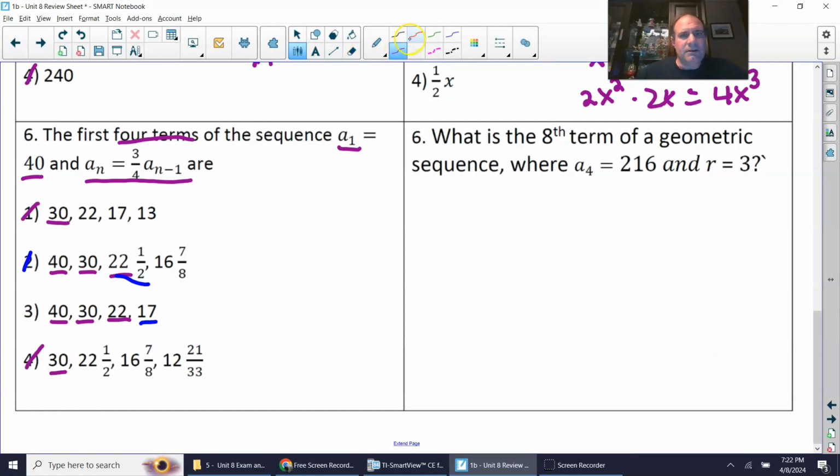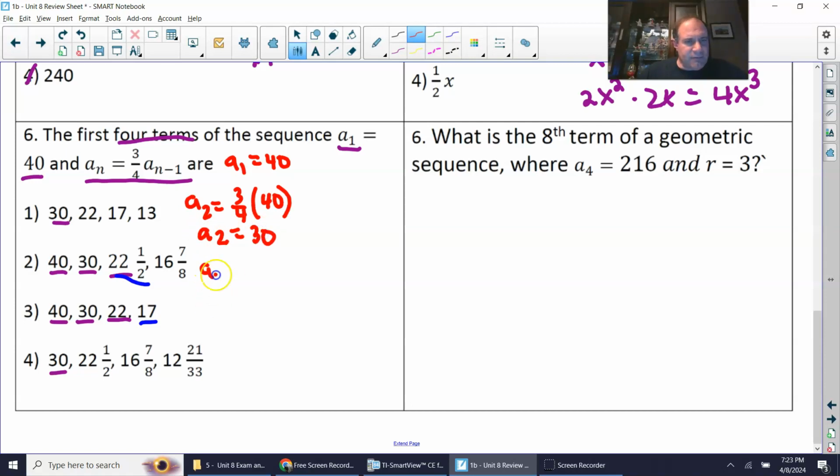A sub 1 is 40. So we're going to go to a sub 2. A sub 2 equals 3 over 4 times a sub n minus 1. It's 2 minus 1, which is a sub 1. A sub 1 is 40. Hopefully that didn't confuse you. A sub 2 equals 30.